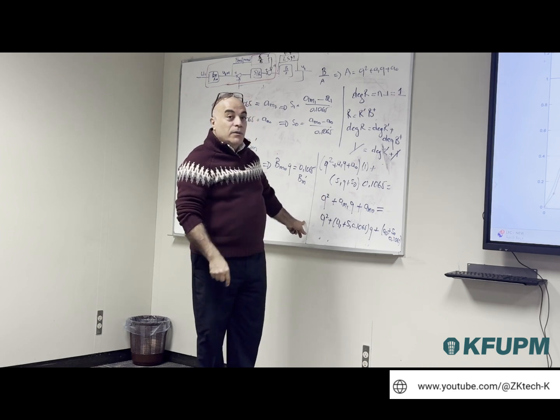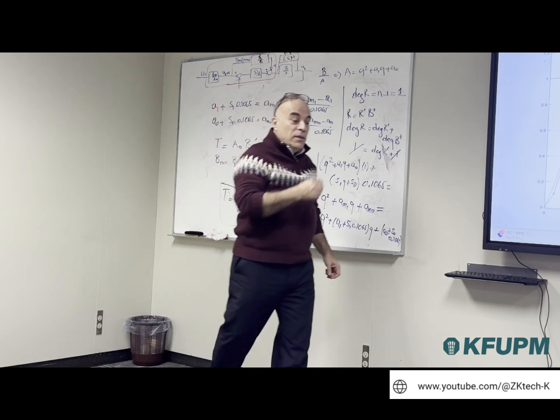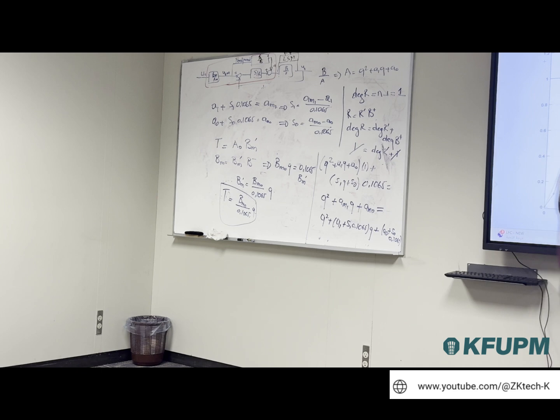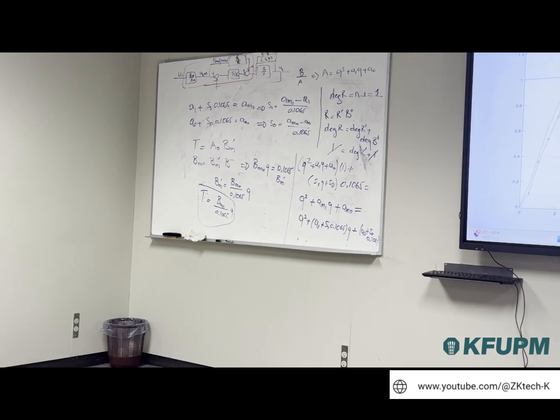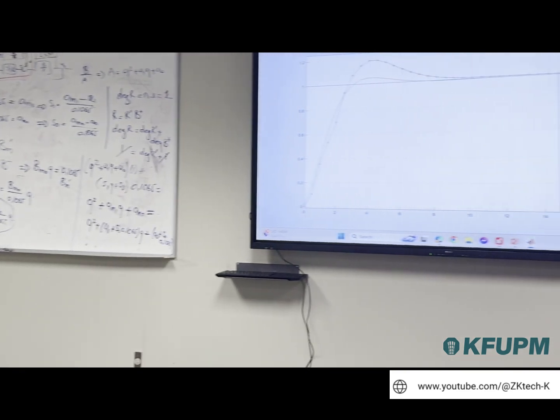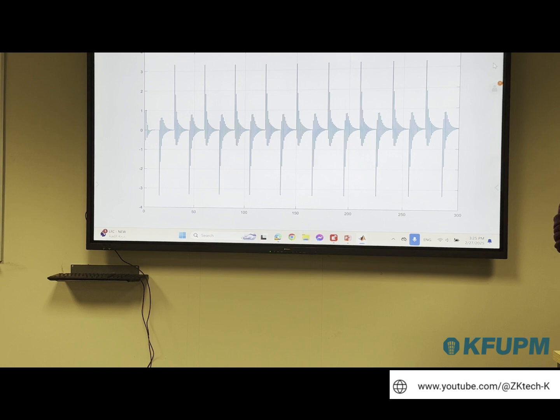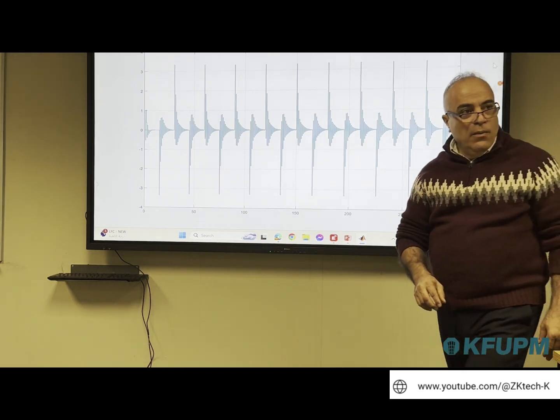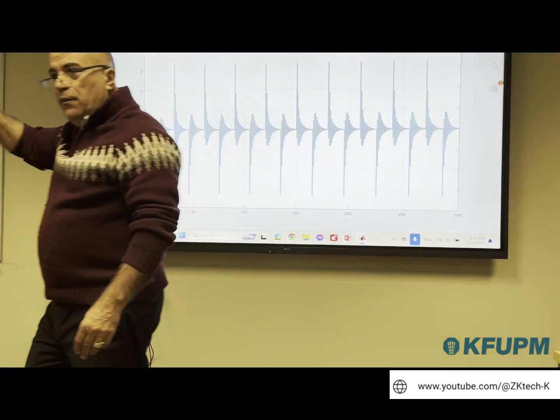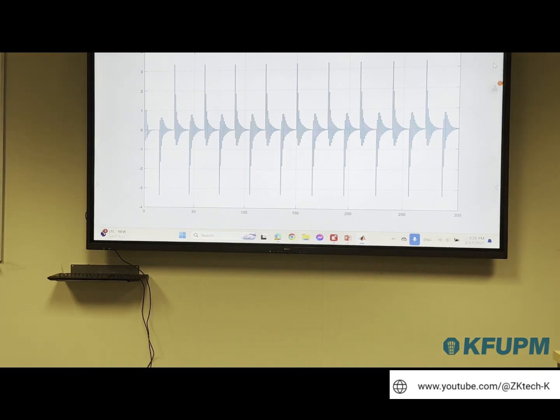And R is in your controller. So the output of your control is this. So you understand now why the system is giving these kinds of oscillations? Because of B plus, because of the value of B plus that you just assumed is okay.